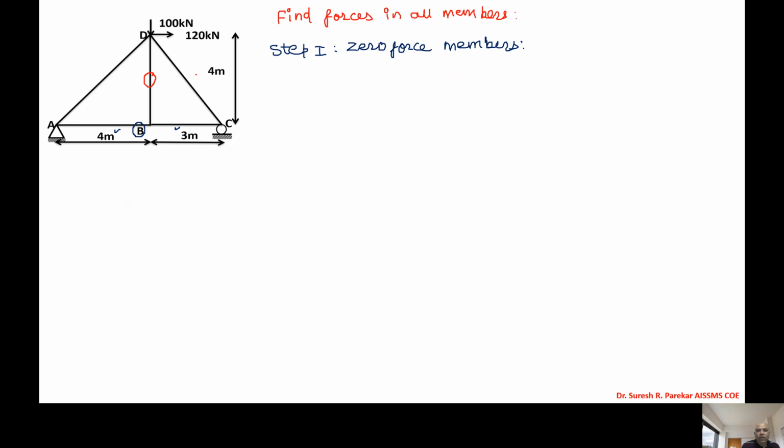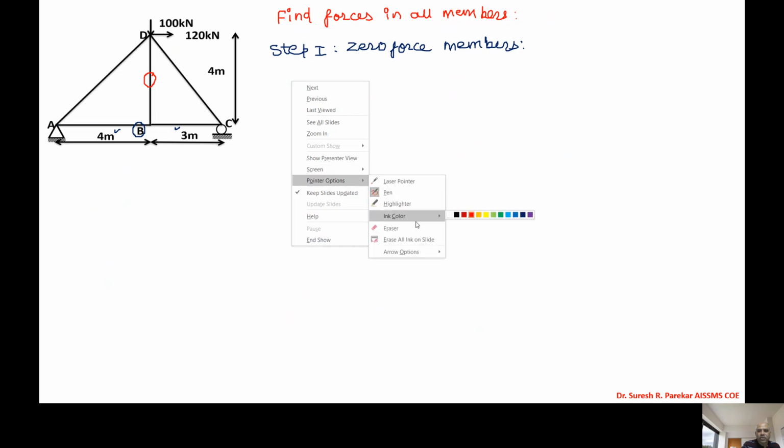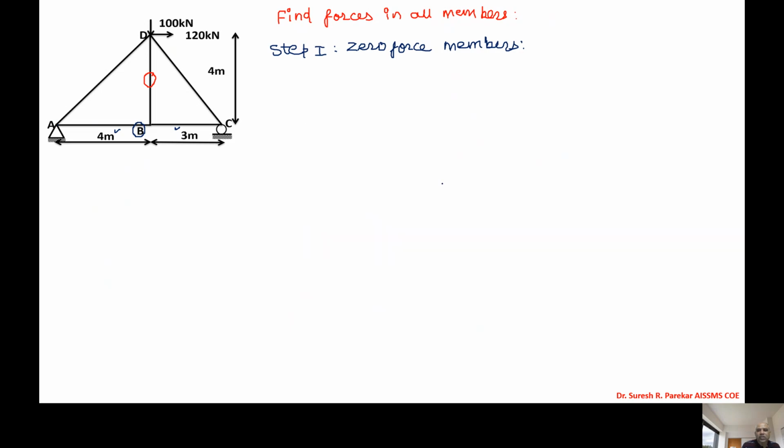Now we have to go to step 2. What is step 2? We have to see, is there any joint with a maximum of 2 unknowns? In this zero force member we have FBD equal to 0 or FDB equal to 0.